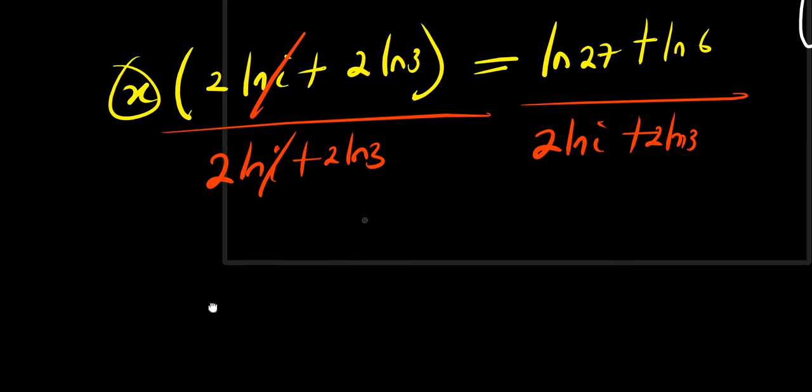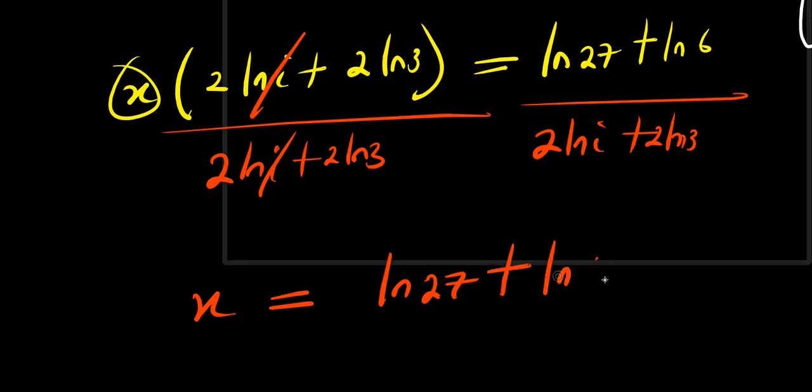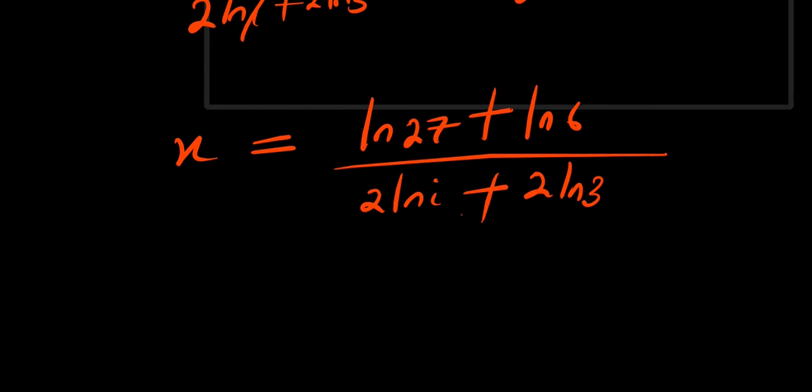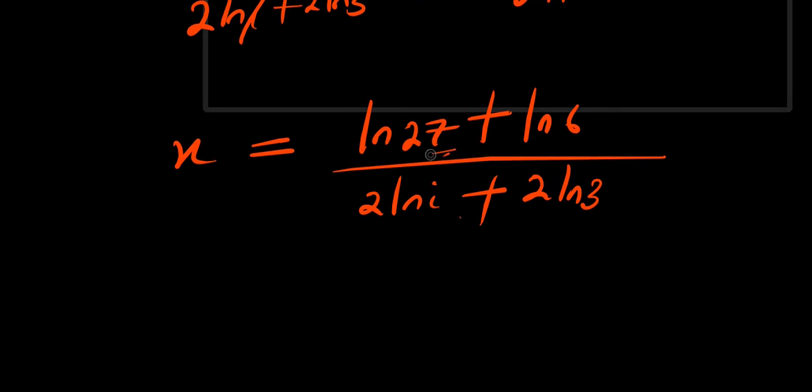Then we have x equals natural log 27 plus natural log 6 divided by 2 times natural log i plus 2 times natural log 3. Now from here, natural log 27 is natural log 3 to the power 3, since 3 to the power 3 is 27.